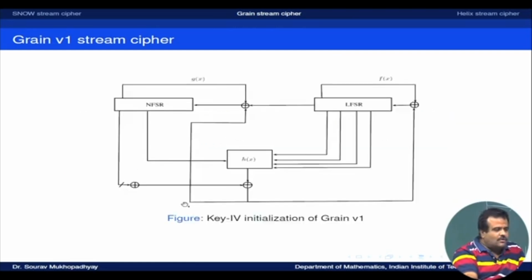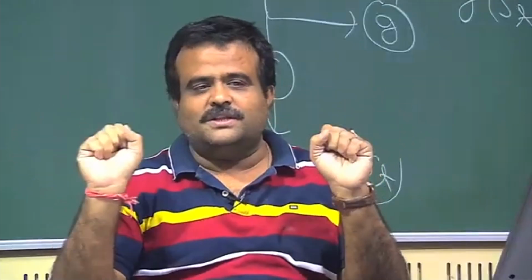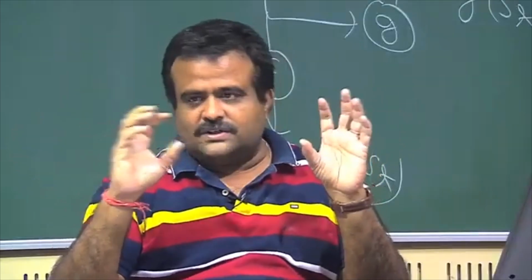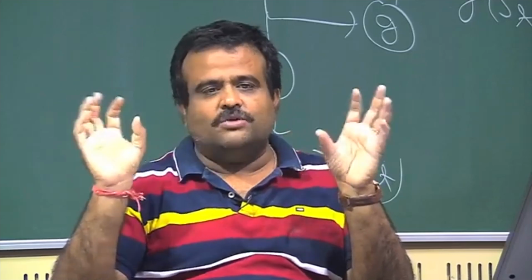So now we have to talk about the initialization phase. Because we know in every stream cipher we have this finite state machine, and then Alice and Bob share the secret key along with the IV.